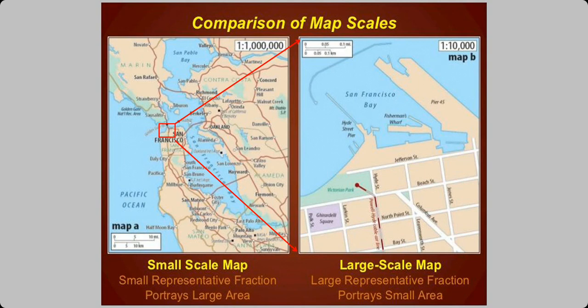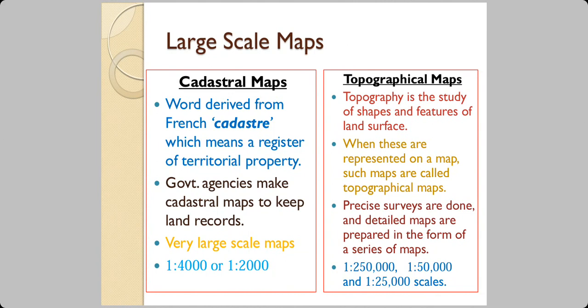So small scale map is a small representative fraction, and it portrays a large area. And conversely, a large scale map is a large representation fraction, and it portrays a small area but in more detail.